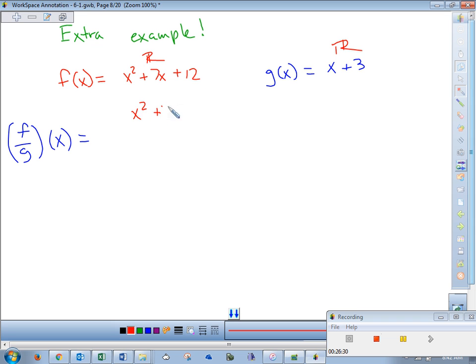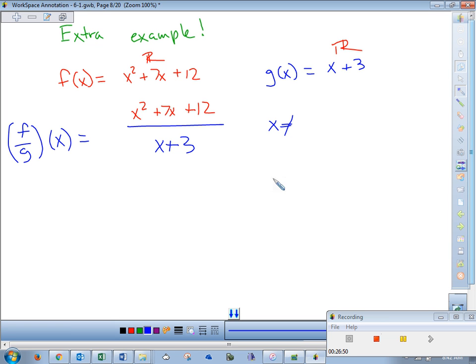Write them as f over g: x squared plus 7x plus 12 over x plus 3. Problem already happening. When you write it as a fraction, don't you get x's in the denominator of that fraction? So we must go and restrict the domain already.